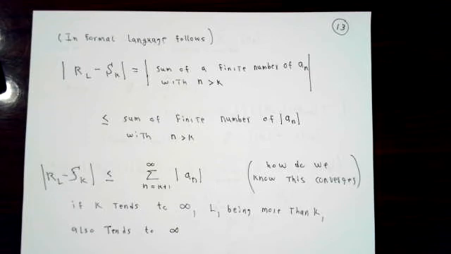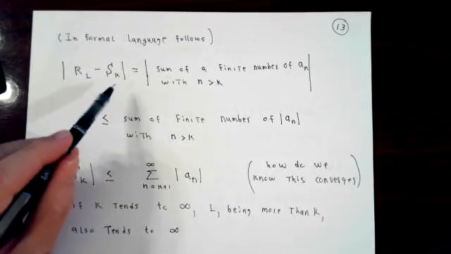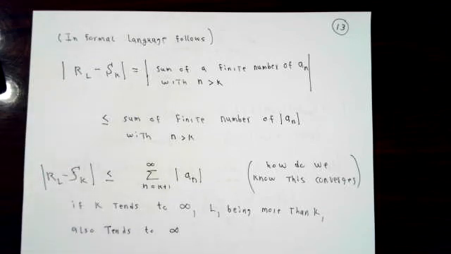RL is the sum of a bunch of the A numbers, amongst whom are A1 and A2 out to AK. When I subtract these two things, A1 cancels out, A2 cancels out, out to AK cancels out.